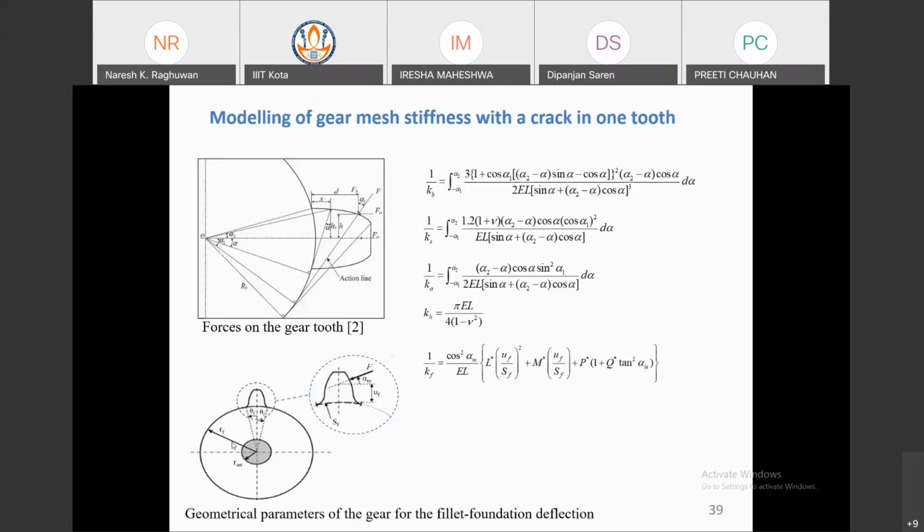This is a very complicated structure because there is an involute profile. Force analysis is also a big task in this case, because the force is moving from the bottom to the top of the teeth.